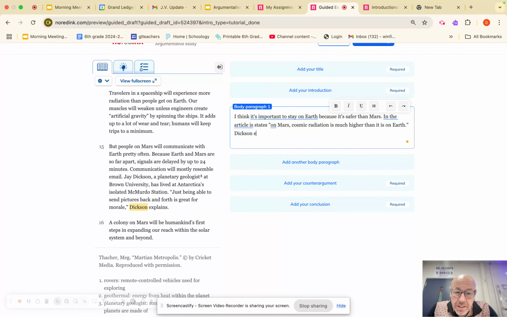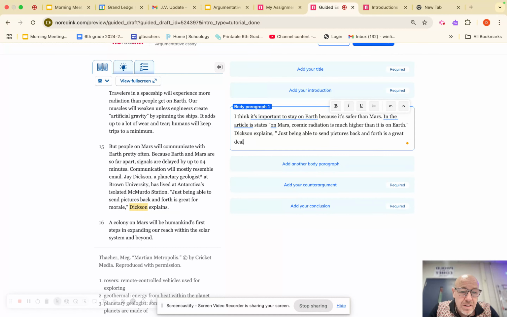Dixon explains, comma, boom. Just being able to send pictures back and forth is a great deal of morale. Period, quote.